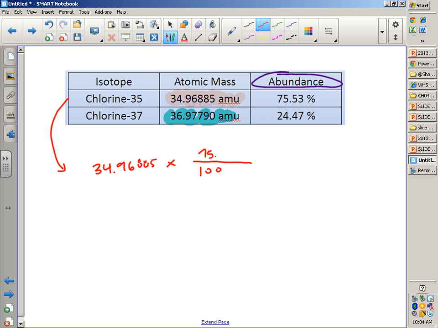So in this case, we take 75.53 on the top. All we just did there was turn our percentage into a fraction. And then you multiply that out. You end up with like 26 something.